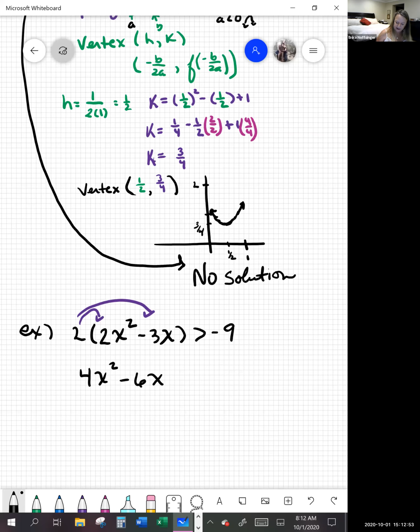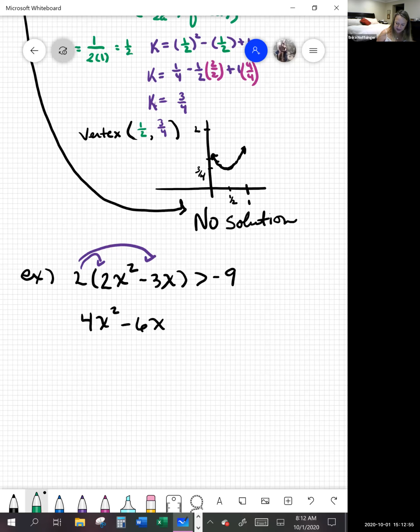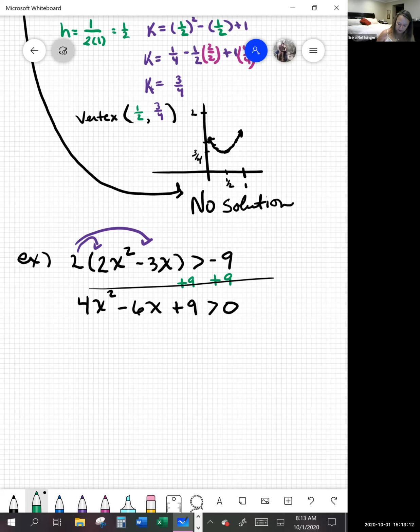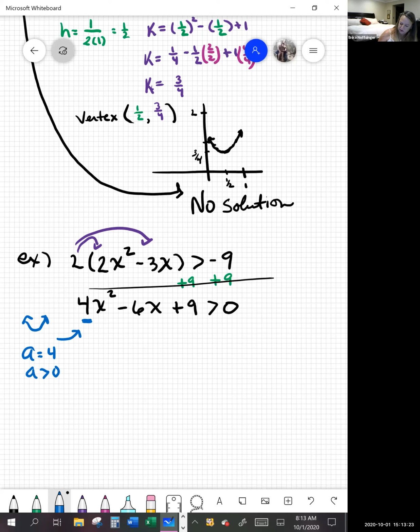And then I'm going to add 9 to both sides to get 0 on the other side. So we get 4x squared minus 6x plus 9 is greater than 0. So again, we can tell which way our parabola is facing. a equals 4, a is greater than 0, and so our parabola faces upwards.